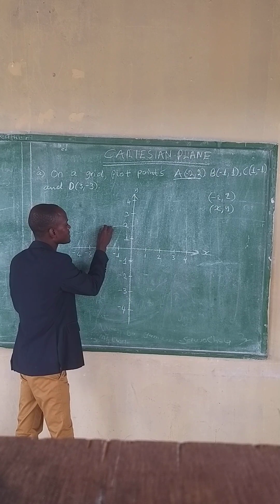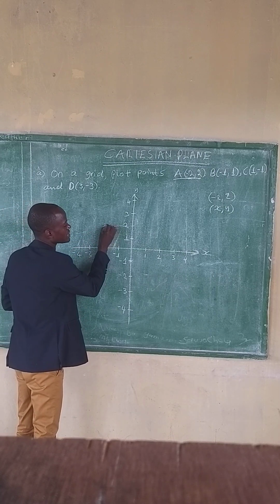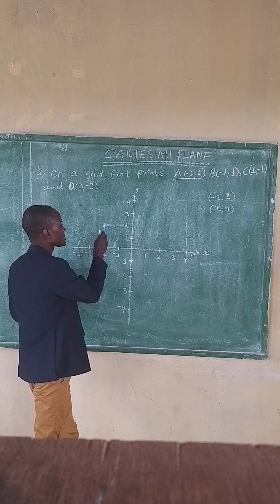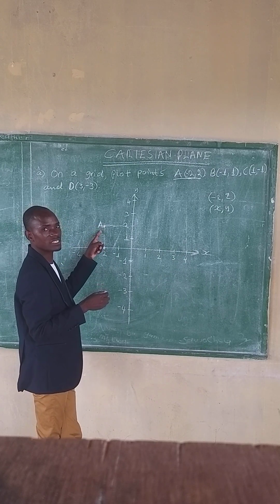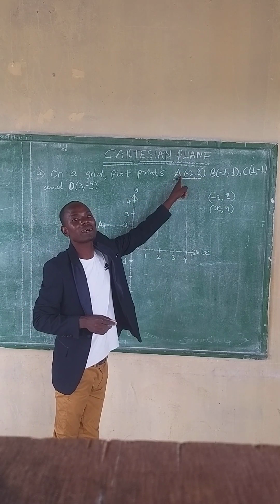Where the two lines meet, that's where you plot your point. This is your point A, because the coordinates we were given are represented by the letter A.